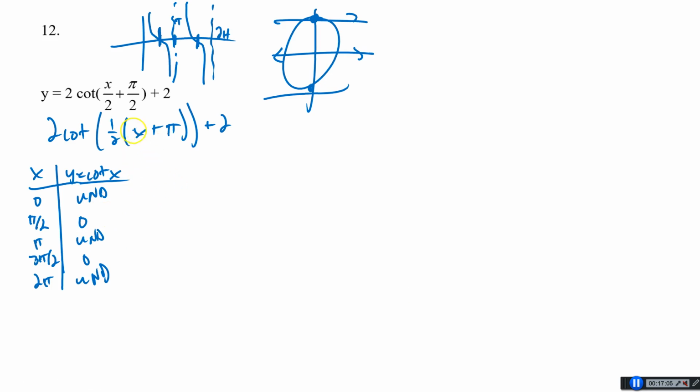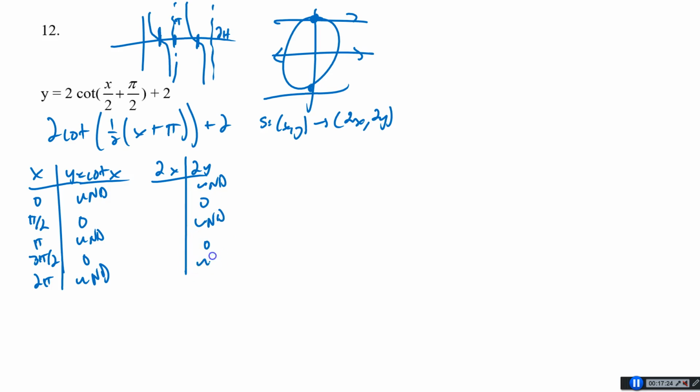So let's take a look here. Our scale change takes x, y to 2x and 2y. So we're going to do 2x and 2y here. The y's are still the same. And this is kind of important: a scale change on tangent and cotangent is really not visible.